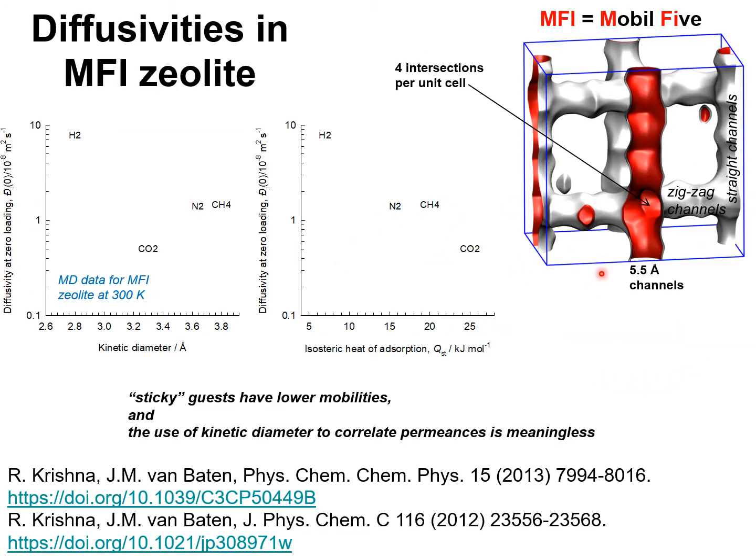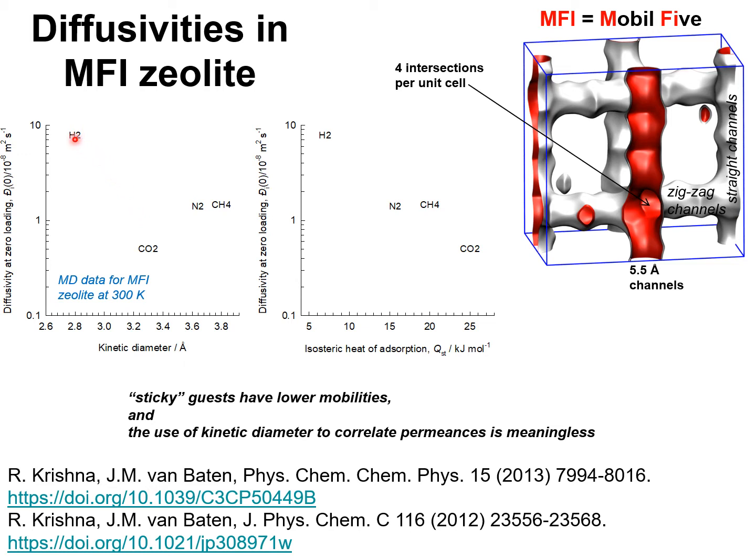Let's move to diffusivities in MFI zeolite that consists of intersecting channels of 5.5 angstrom in size. The MD data on the diffusivities are plotted here on the y-axis as a function of the kinetic diameter.